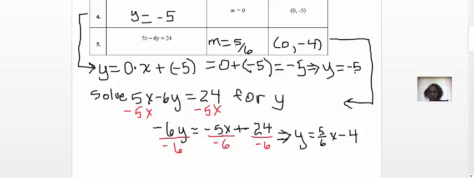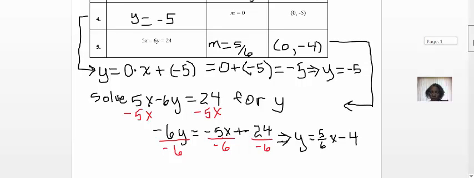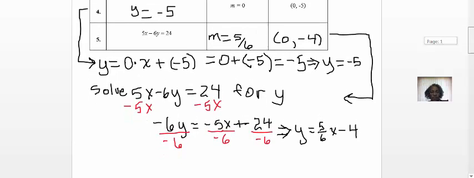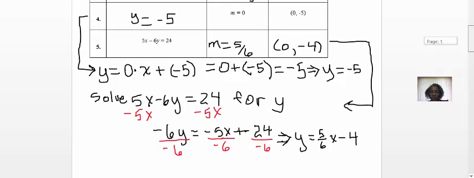The requirement to be on this line is that your y-coordinate is negative 5. Your x can be any value, but your y-coordinate must be and only can be negative 5. So a horizontal line always has that form. The equation merely gives the y value of every point on the line.